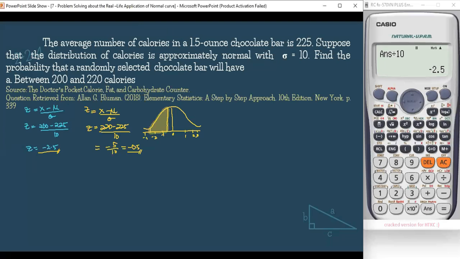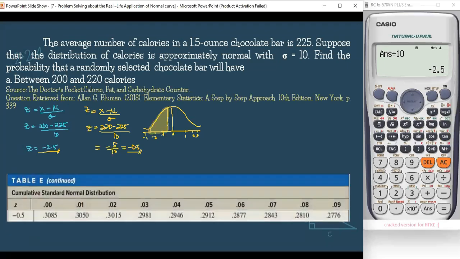So, looking through our tables, the value of negative 0.5 is equal to 0.3085. So, isulat po natin para hindi tayo mawala. So, the area daw po, area of z less than negative 0.5, that is equal to 0.3085.